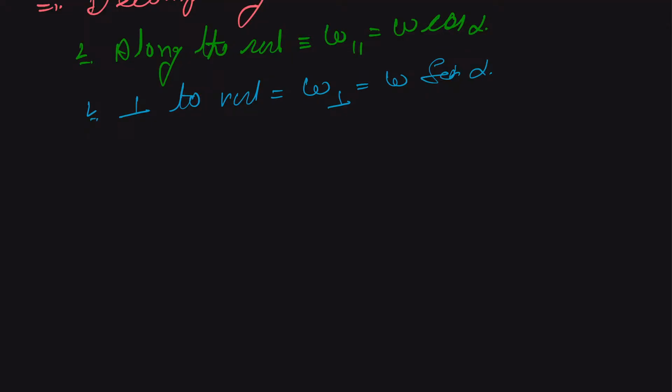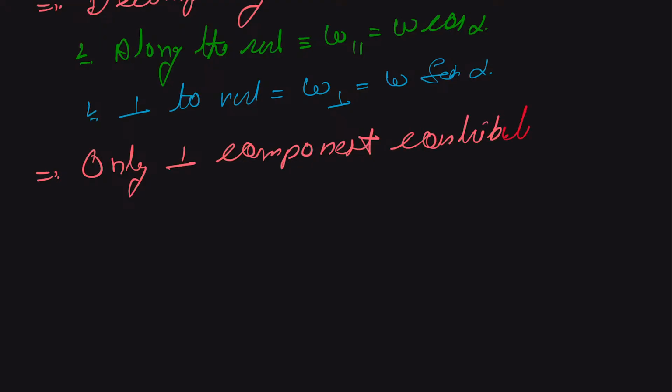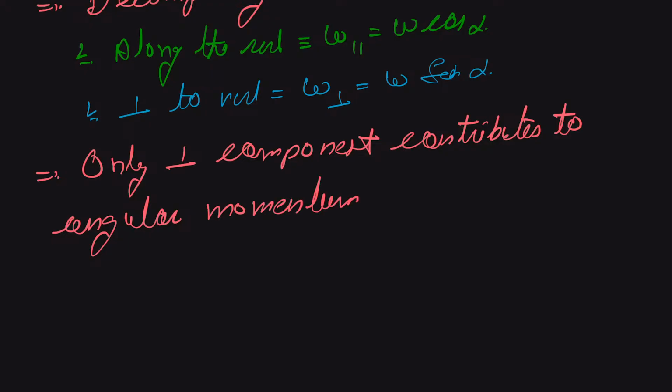And so from here we can say that only the perpendicular component contributes to angular momentum, because quite obviously the parallel one will be passing through the axis, which is through the mass.